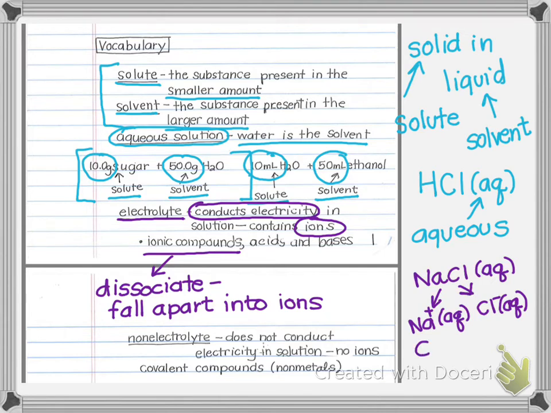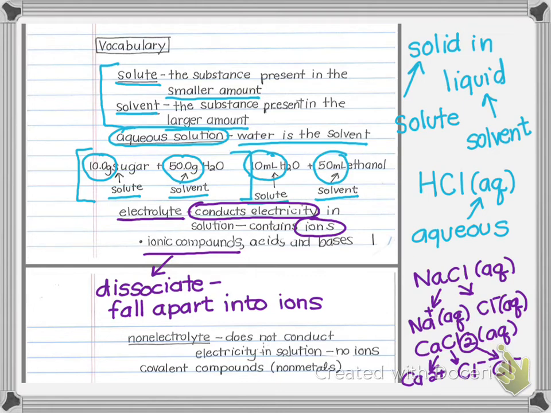Now, if I had something like calcium chloride, it would break into even more ions. You would still have the calcium, but it has 2 chlorines, so you'd have 2 chloride ions. It would also conduct electricity very well.